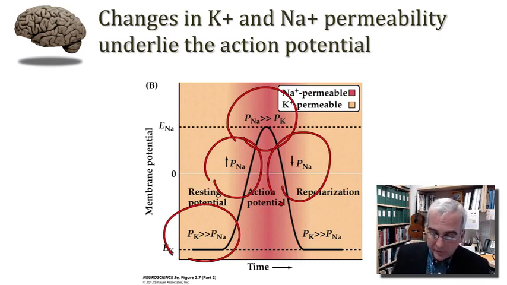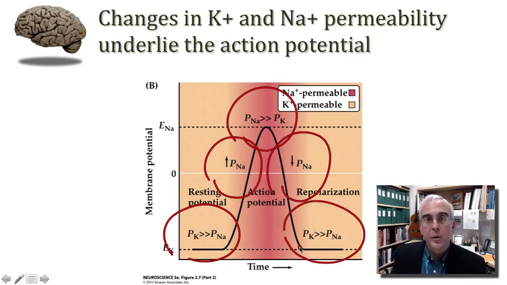Those two factors together allow us to return to our resting condition, where, due to some leakiness of the membrane to potassium, permeability to potassium is once again greater than sodium permeability, and the resting membrane potential is established, close to but not precisely the Nernst equilibrium potential for potassium.